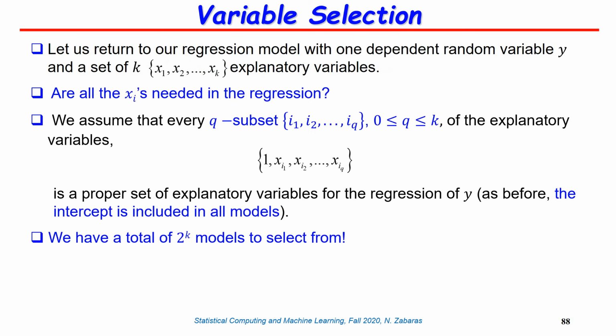All right, and in our case, k is equal to 10, so 2 to the power 10, that's a huge number of models, so it would be prohibitive to do evaluations for each of these models and compare which model performs best. So we need to do something about that.